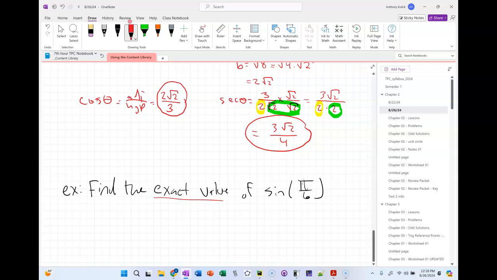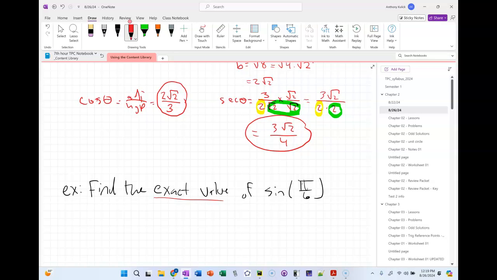When we are asked for an exact value of sine, cosine, or tangent, what do we know that we're going to be using here? What tool do we need to use if we're looking for an exact value? Not the calculator. Because we don't want to round it. We don't want a decimal for an exact.